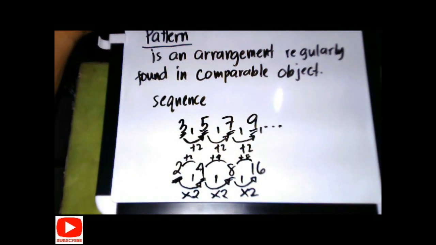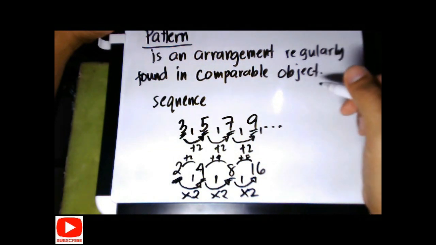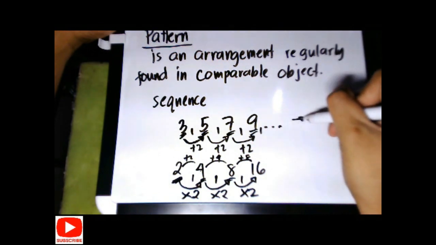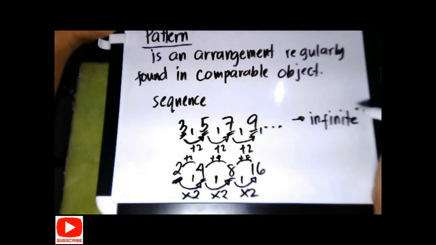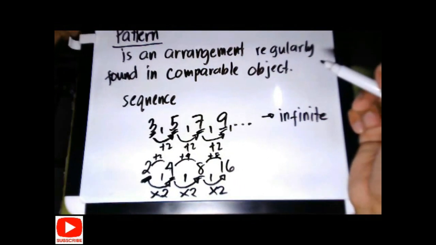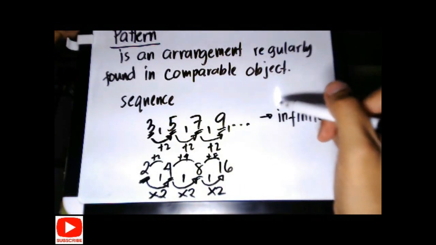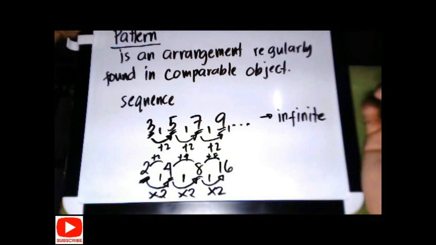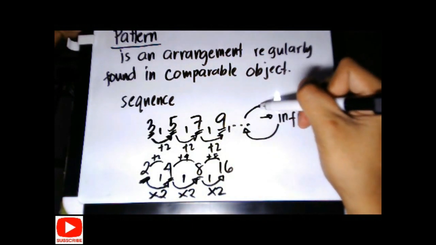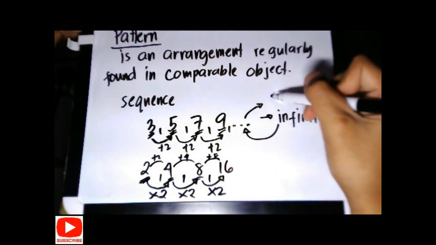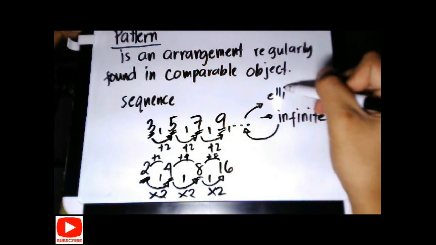This is what we call an infinite sequence. When we say infinite sequence, it continues on because of these 3 dots. These 3 dots are called ellipses.